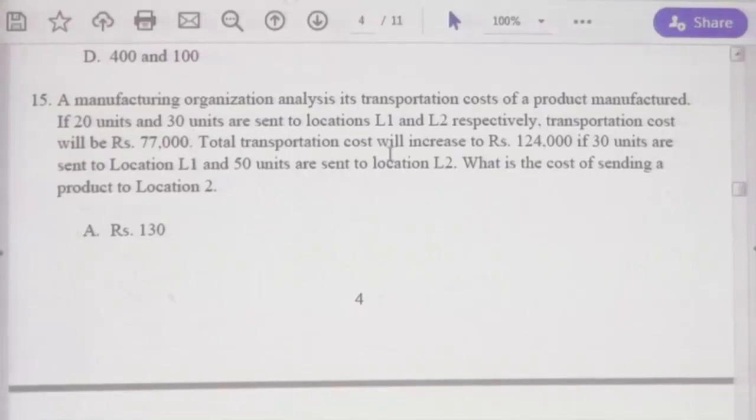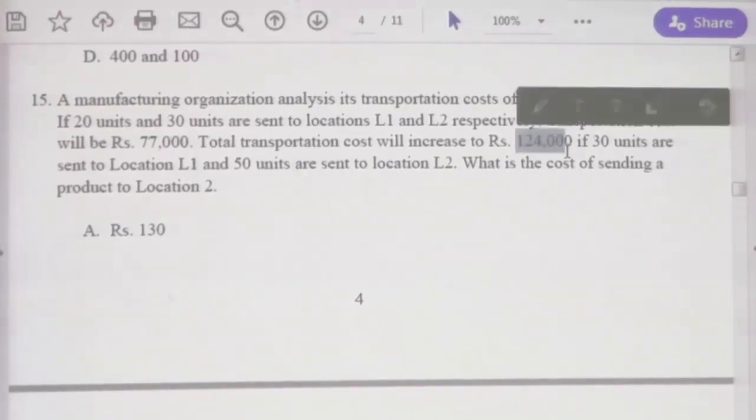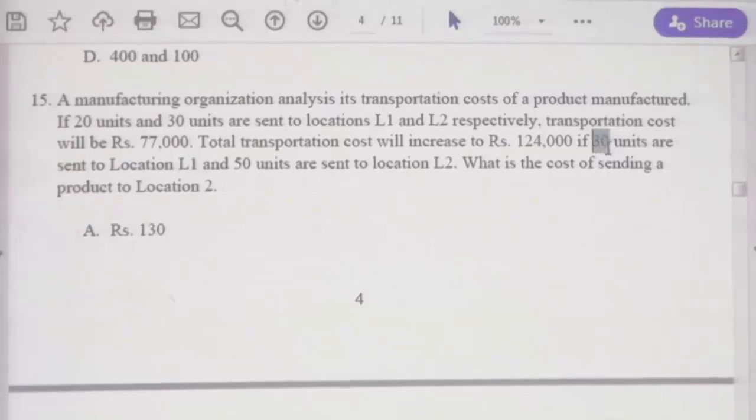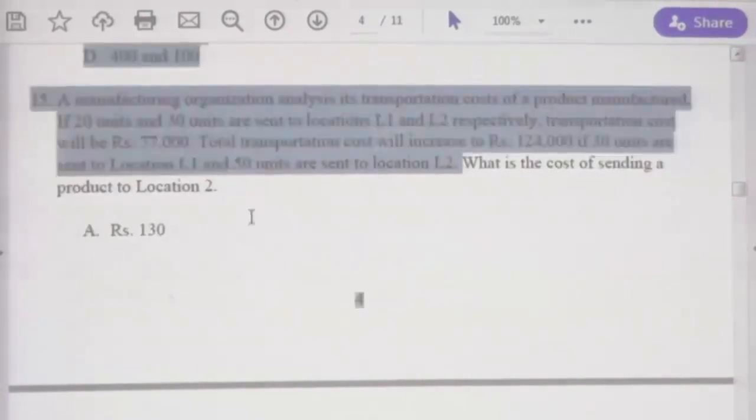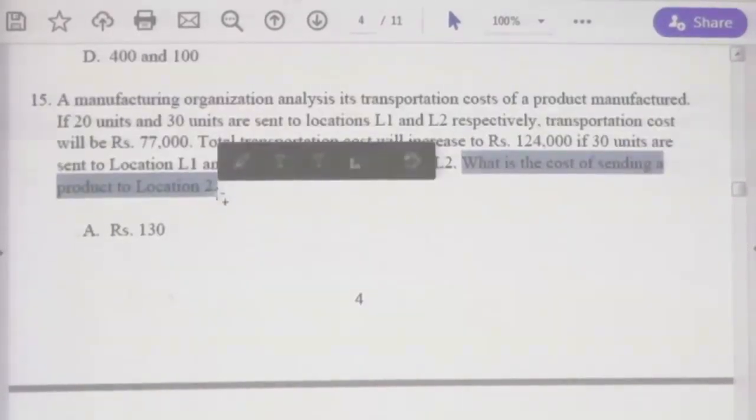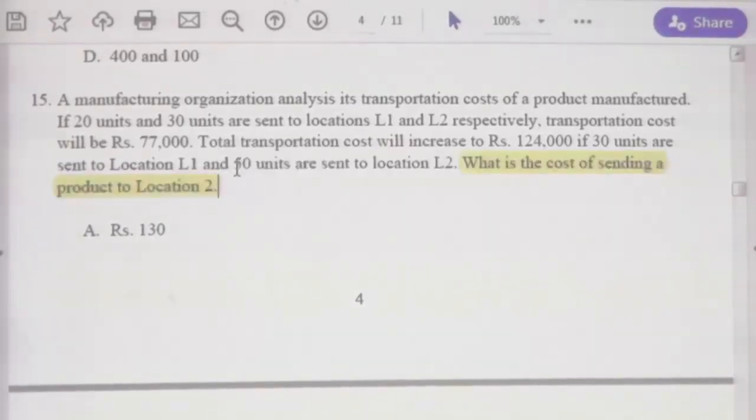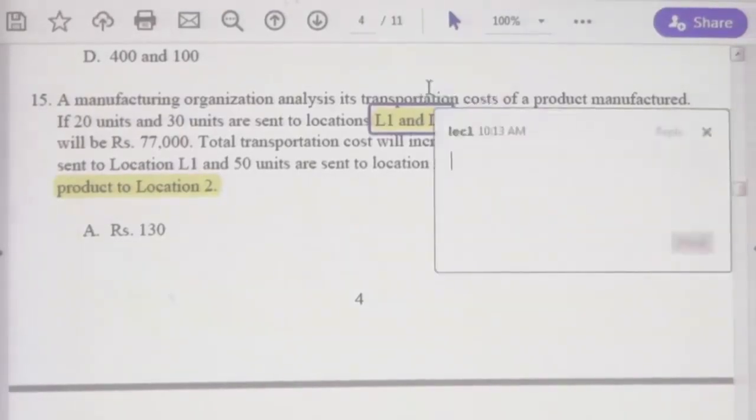But the transportation cost will be 124,000 if you send 30 to location L1 and 50 to location L2. Right? Now, they are asking what is the cost of sending product to location 2. Now, this L1 and L2 we need to consider, the transport cost, right?